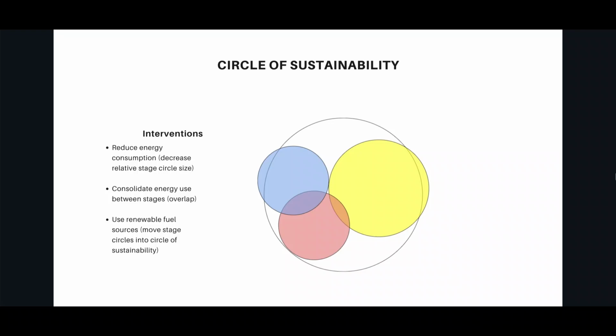Again, the goal of my case study is to come up with a metric that can be used to assess energy throughout the life cycle, also to create energy goals, for example, and to give products a relative rating on their energy sustainability.